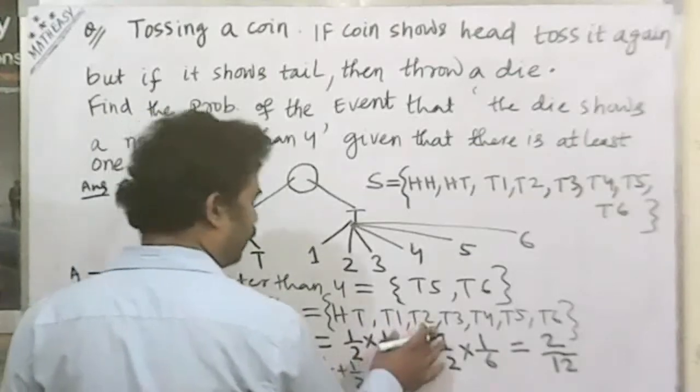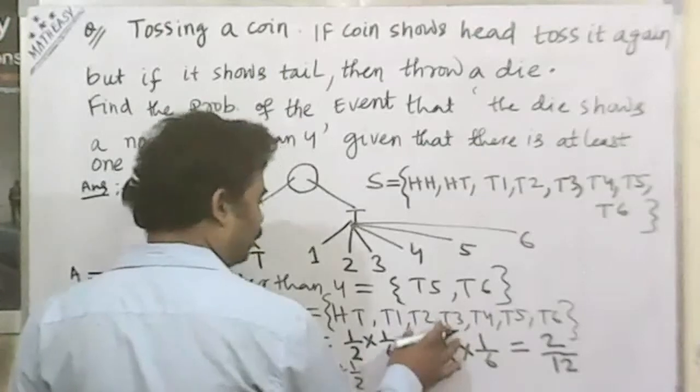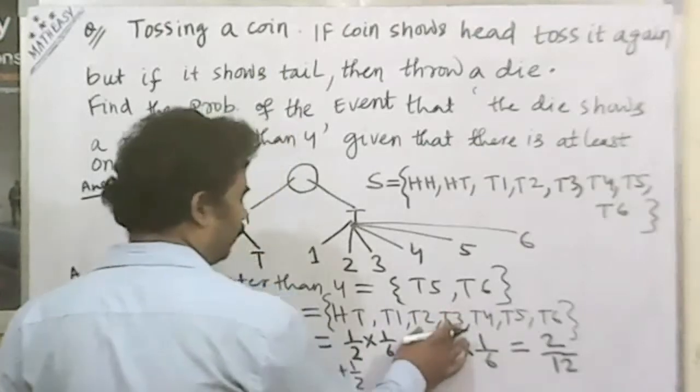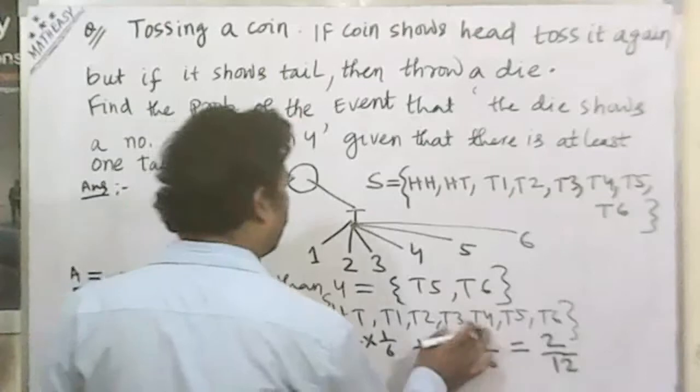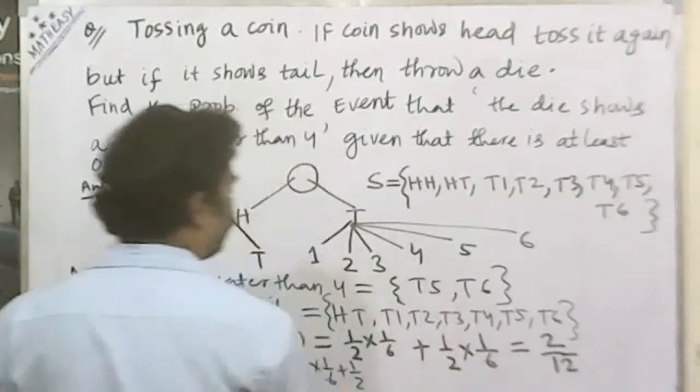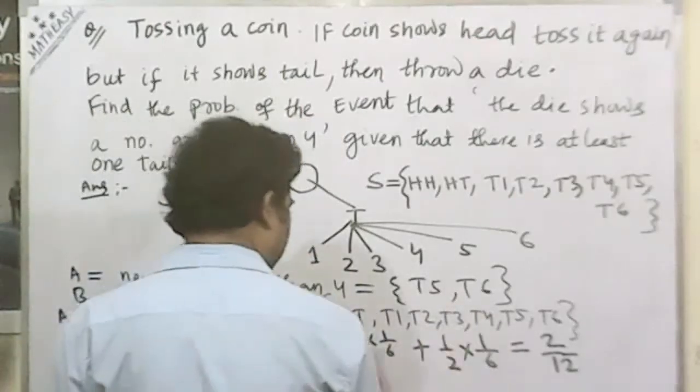Similarly for 2, for 3, for 4, that is 1 by 6 each.